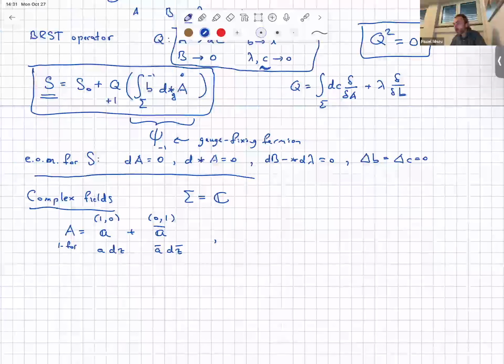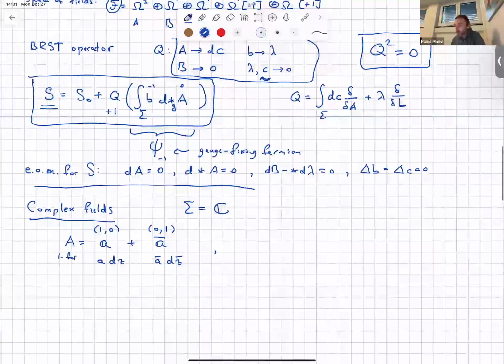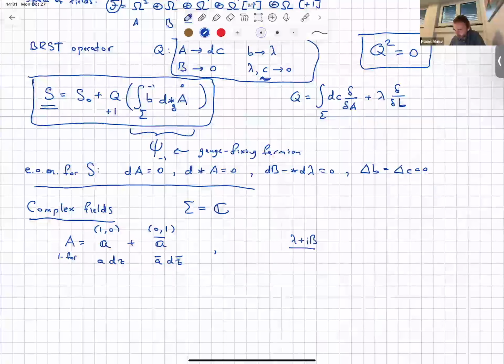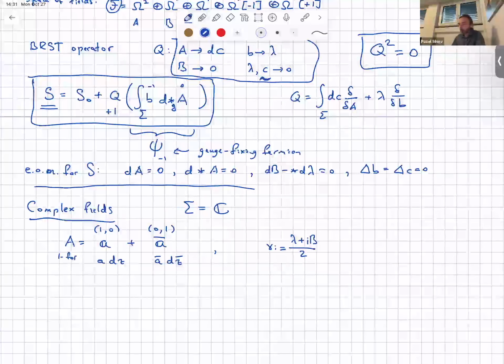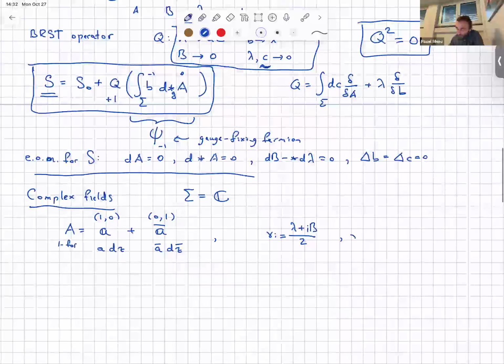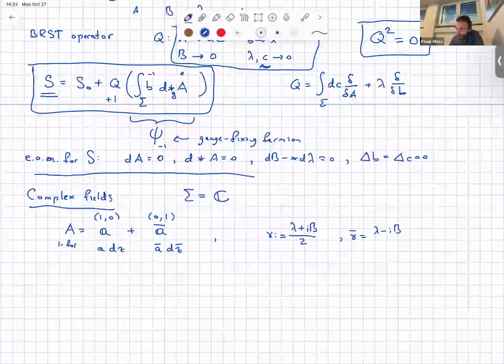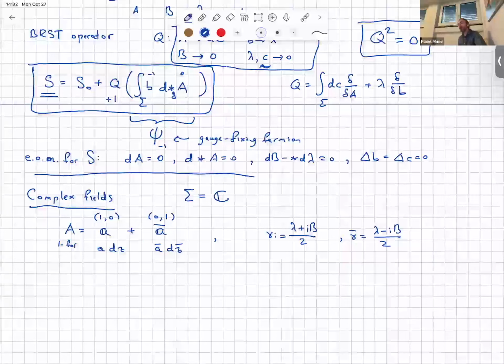So we have split our 1 form into a 1,0 form and a 0,1 form. And now I also want to introduce certain complex combinations of the field capital B and the Lagrange multiplier, which seems completely ad hoc, but you will see why I'm doing it in a moment. So let me introduce this new field, call it gamma: lambda plus iB over 2. And similarly, I have its complex conjugate gamma bar. So I have now two complex scalars, gamma and gamma bar.